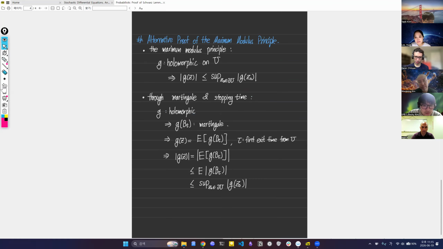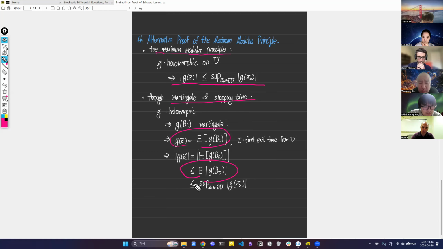In summary, the essential part is this. The maximum modulus principle gives us an inequality using this, and it could be derived from the martingale and stopping time using this equation and the change of order between absolute value and integration here.